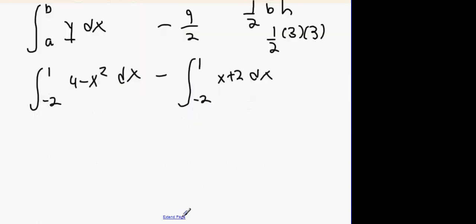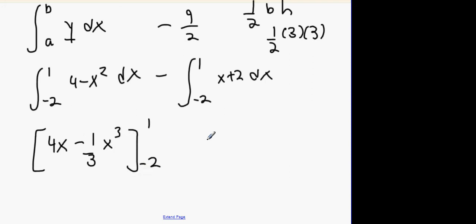When you integrate 4, you get 4x. We've done this before. When you integrate x squared, you're going to get a third x cubed from 1 to minus 2. I'd like people out with the calculators please in a second. Now this one here is going to be a half x squared plus 2x from 1 to minus 2.